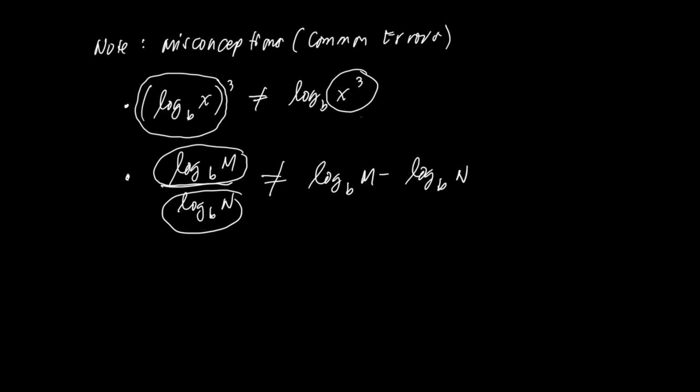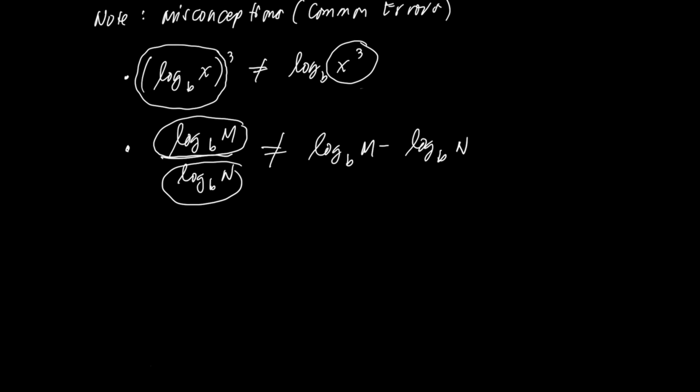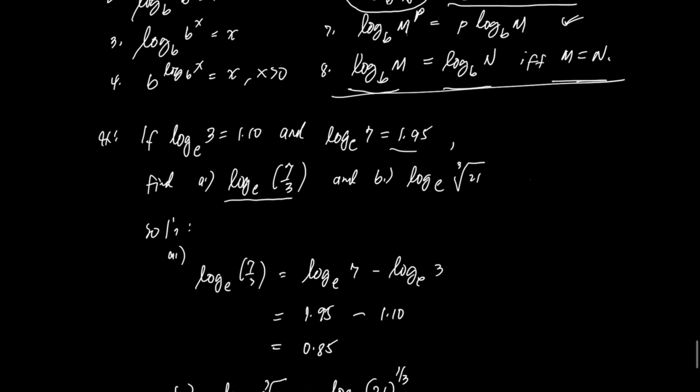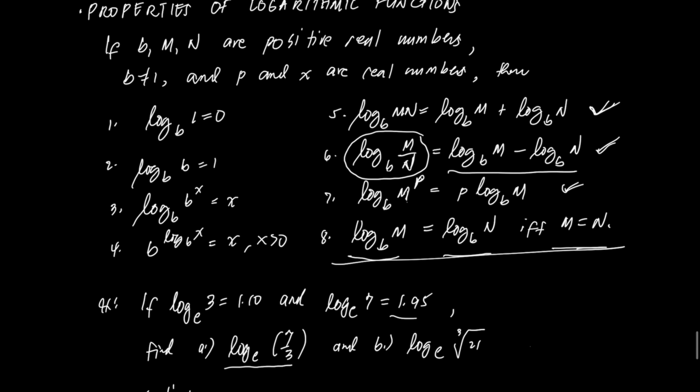So they are not the same. Also, the log to the base b of m plus n is not equal to log to the base b of m plus log to the base b of n. Okay? What's our rule? It should be multiplication here so that you can apply this form from here. Rule number 5.